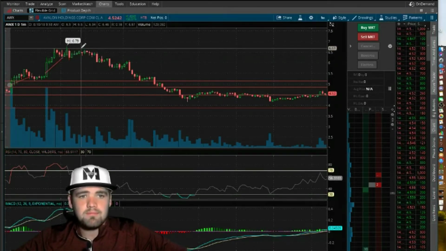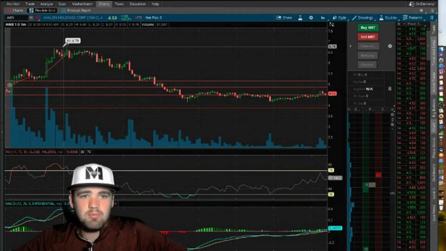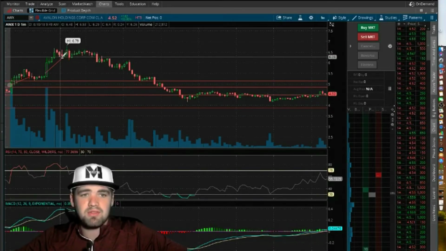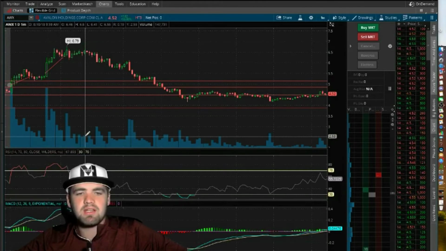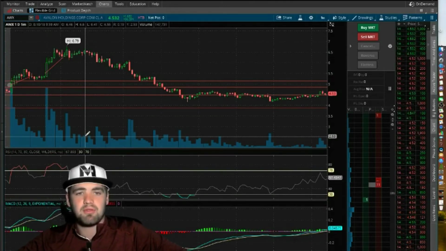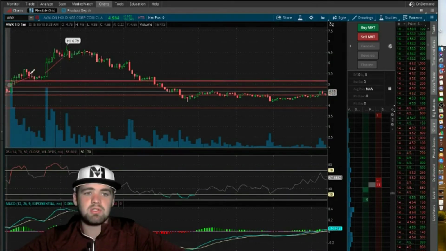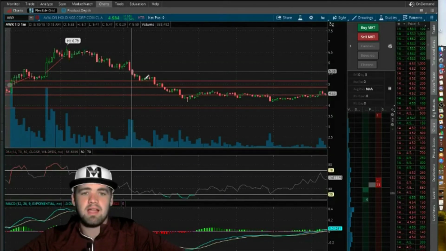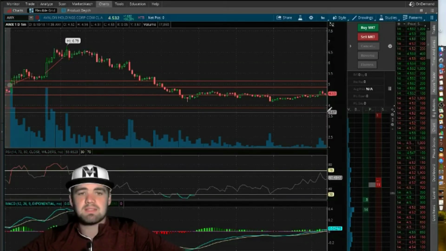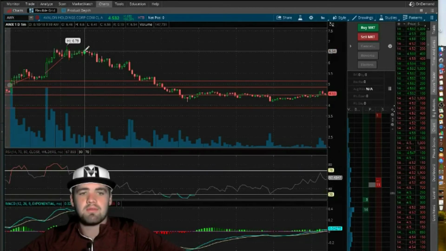And the reason why it becomes sloppy after the third is because this is when you get around that 10:30 to 11 o'clock area, and this is when a lot of sellers or a lot of buyers tend to leave the markets. So as you guys can see, we had this huge push up, and then we had this fall. And that's expected because this stock was moving very fast in a short amount of time.